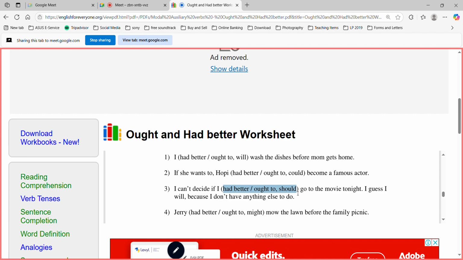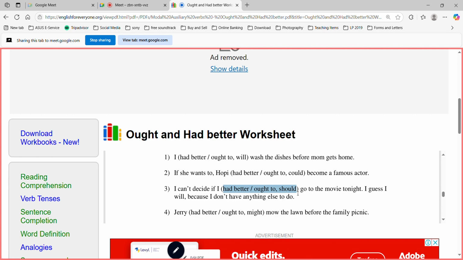This topic is quite confusing because these three examples have the same usage, but there is a slight difference. So what is the answer for number three? Should. Yes, should. I can't decide if I should go to the movie tonight.